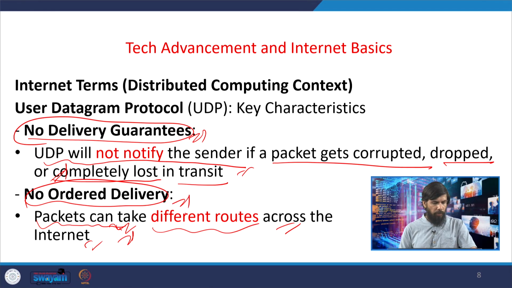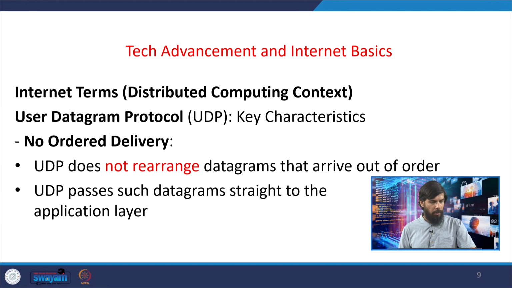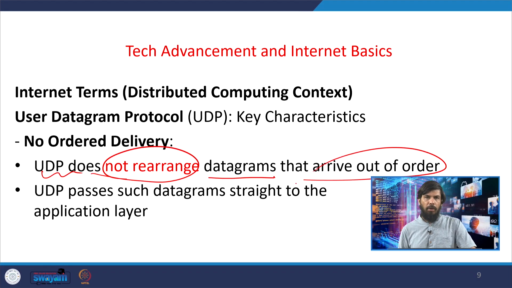So no ordered delivery is another characteristic of UDP, and UDP does not rearrange datagrams that arrive out of order. That means the application should not need a mechanism where things are to be rearranged and ordered.